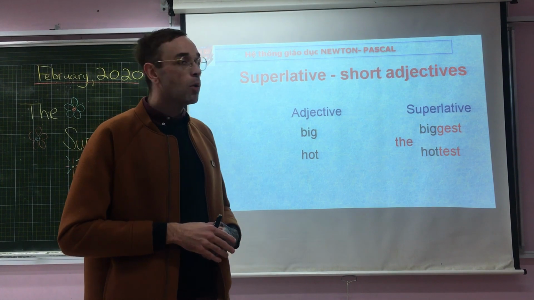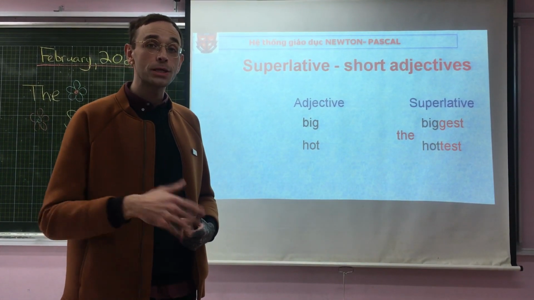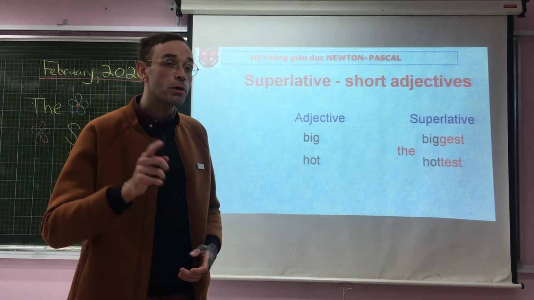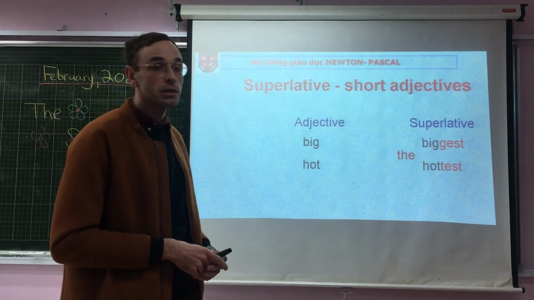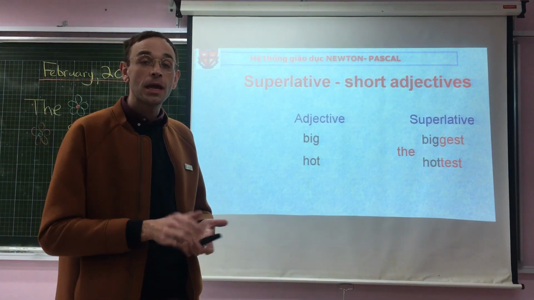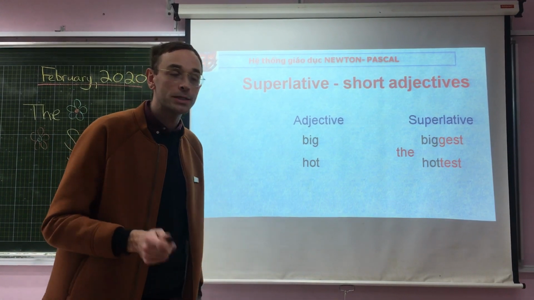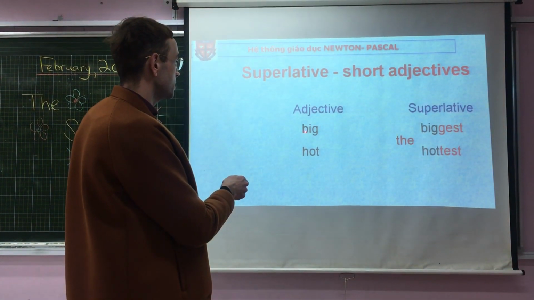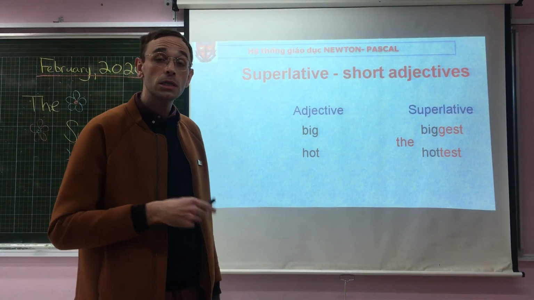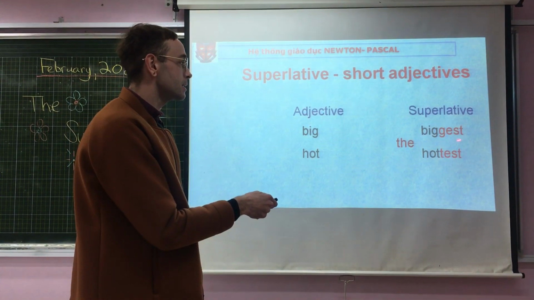So, one more thing that we need to talk about for short adjectives is when to add double letters. Remember that if we have a one-syllable word, big, hot, and that one-syllable word has this combination of letters, consonant, vowel, consonant, we must double the last letter before adding EST.